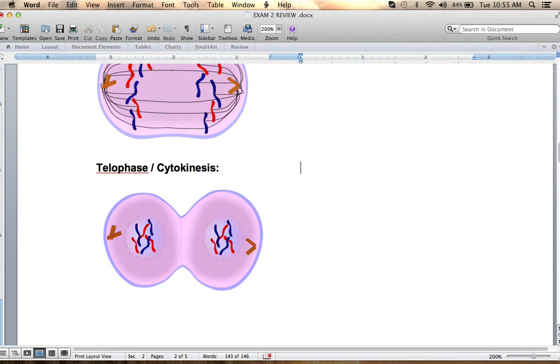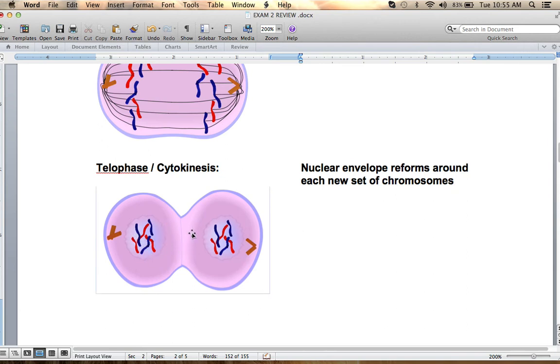But in telophase, the nuclear envelope is going to reform around each new set of chromosomes, around each new nucleus. So the nuclear envelope reforms, and the chromosomes revert back to their uncondensed form.